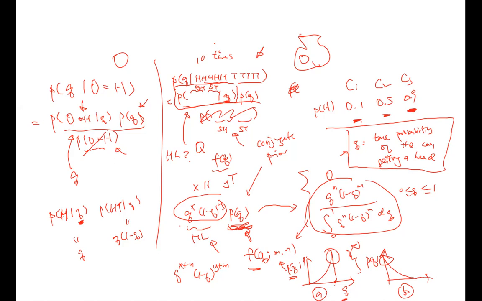For example, in the distribution we talked about for this tossing, this is really a binomial distribution, right?